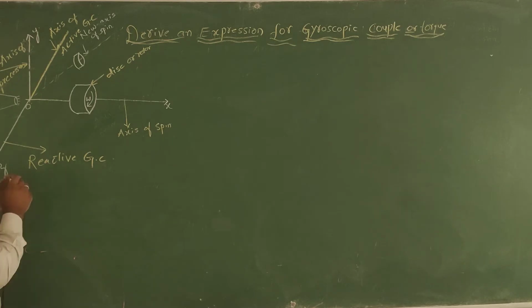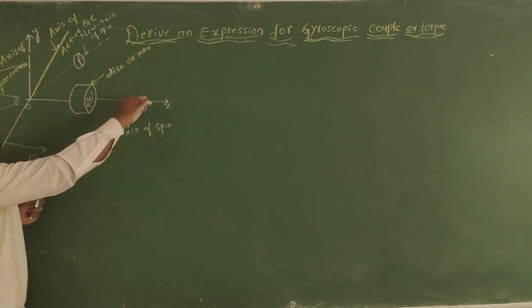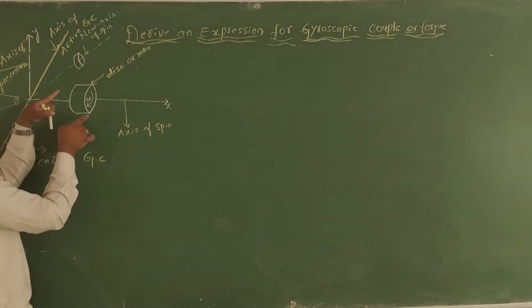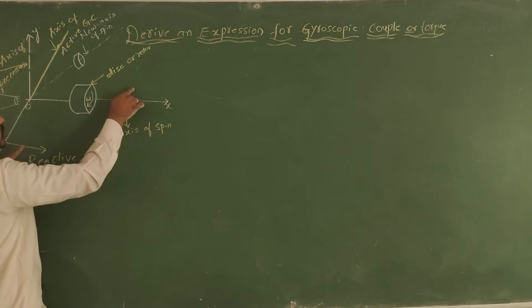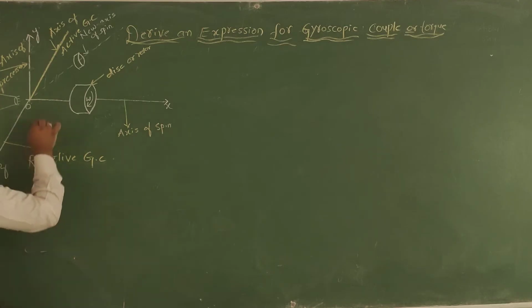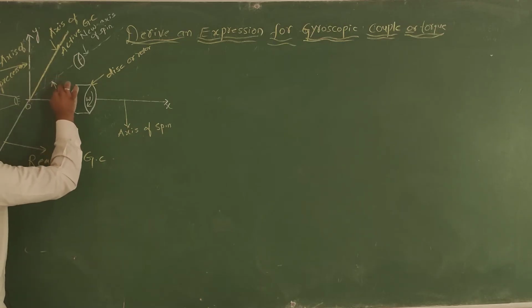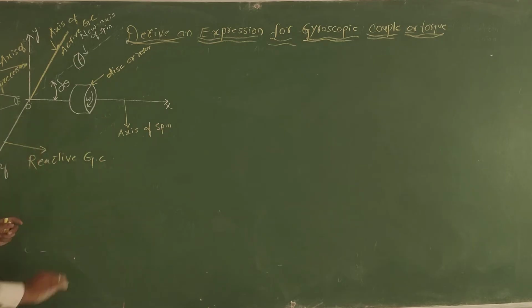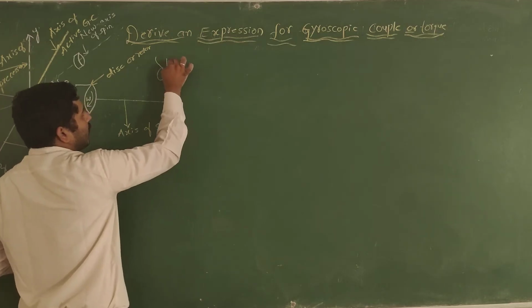Okay, so the disc is spinning about the axis OX. If the disc rotates from the axis of spin to a new axis of spin, it makes an angle delta theta in a given interval of time delta t.